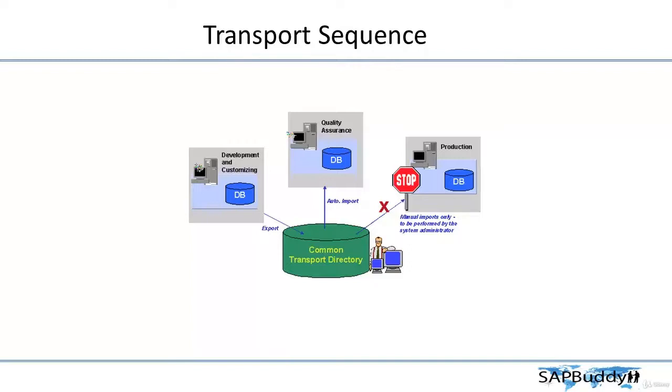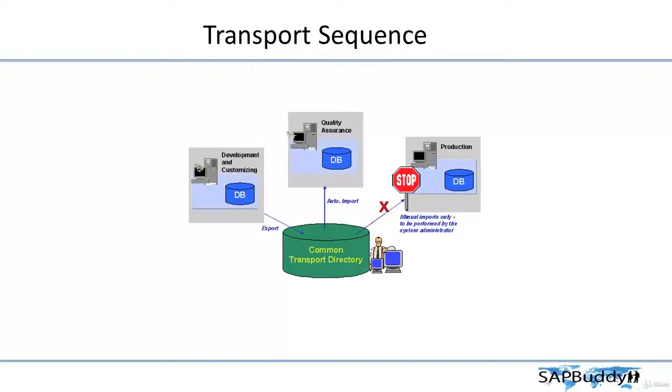In order to do this, the transport route should be defined. What direction you are going to transport, from development to quality, then quality to production, has to be defined.